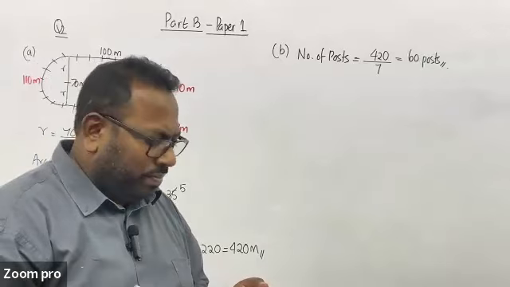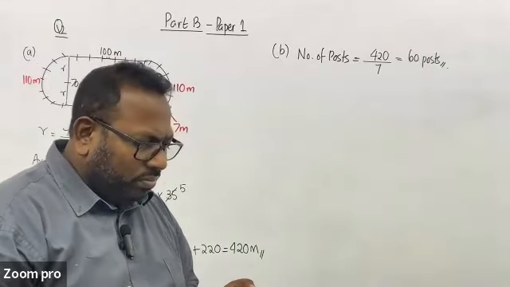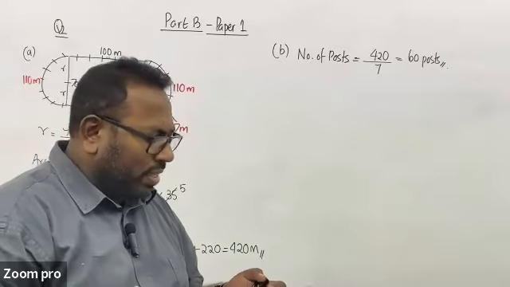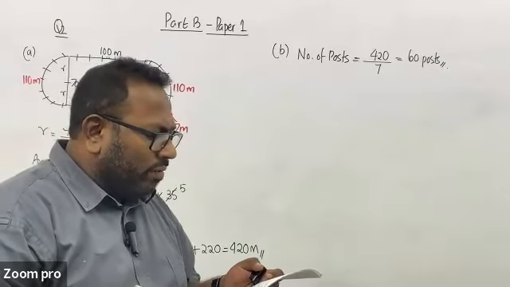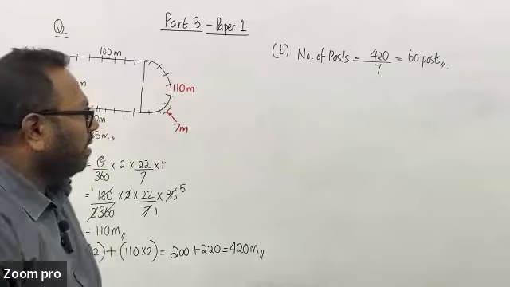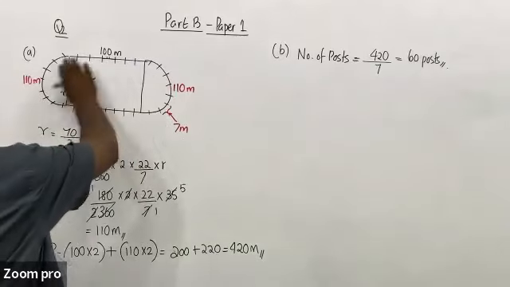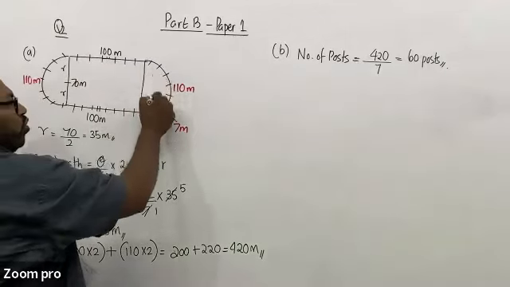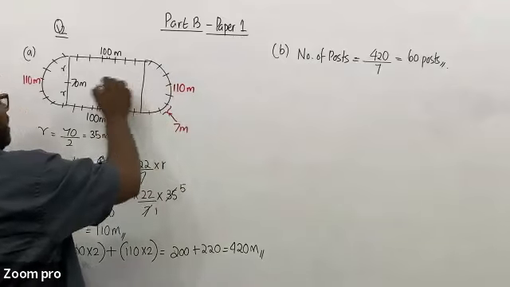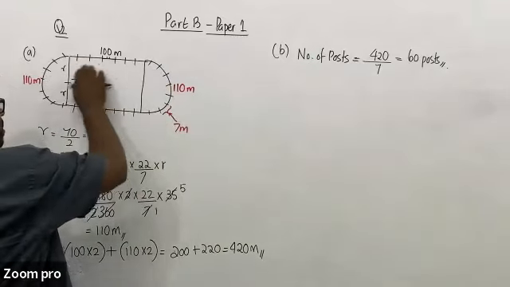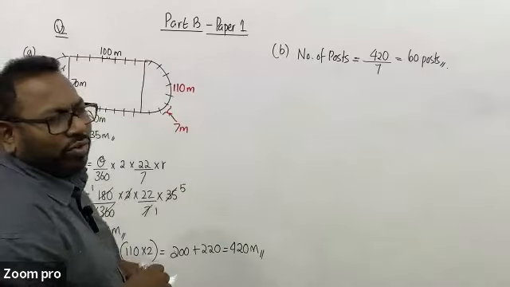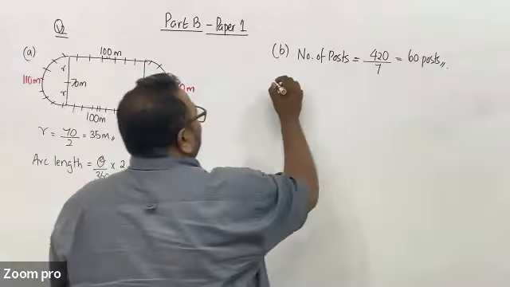Easy question, right? Then finally, question number C, what is the area of the land? So the area of the land is this. You have two semicircular portions, one here, and the area of your rectangle. So we'll write that down.